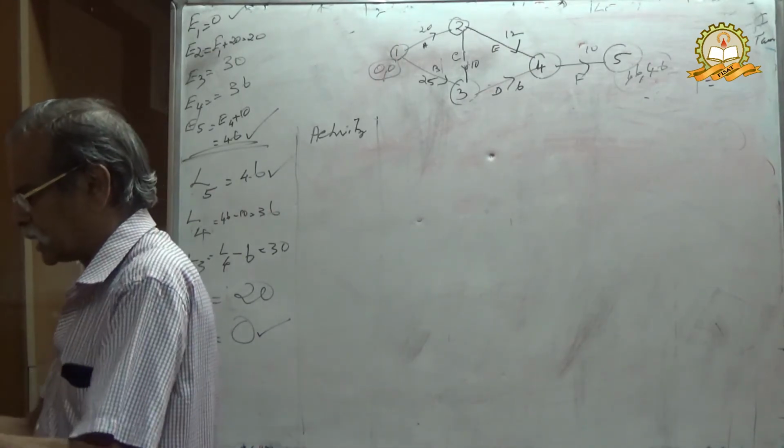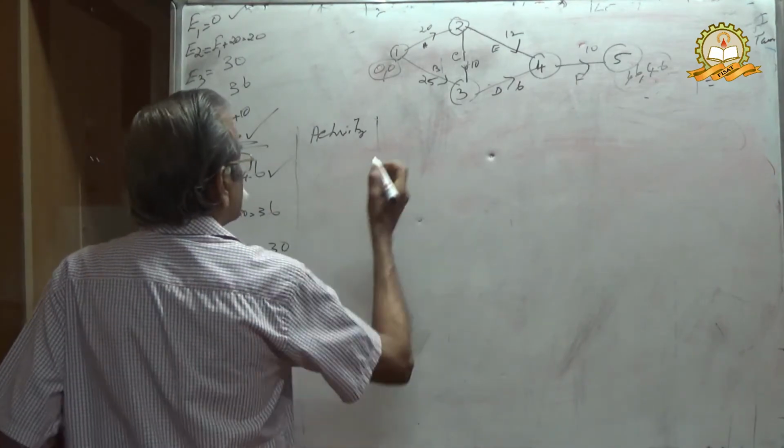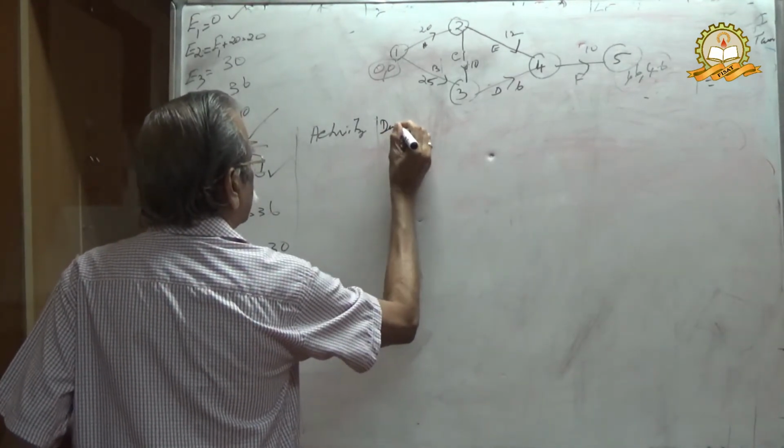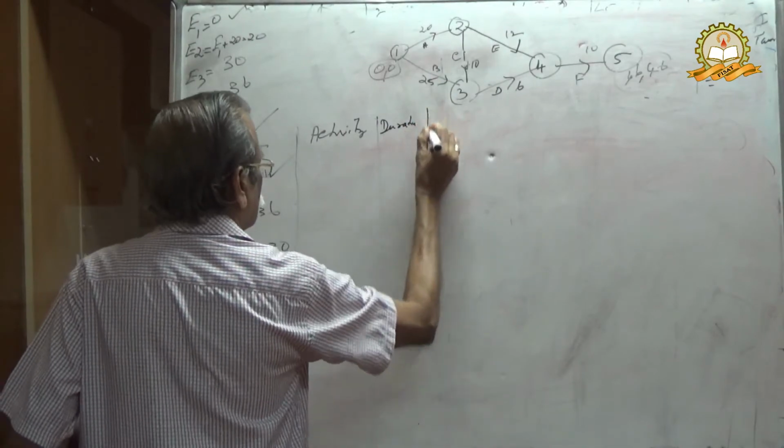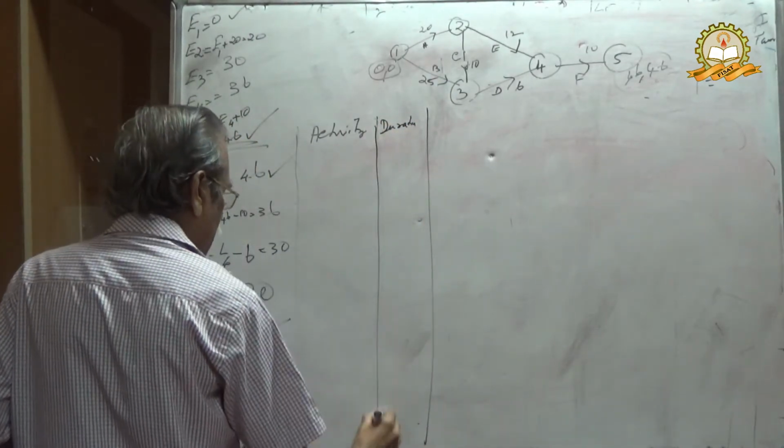First column activity, second column duration, third column as done earlier.